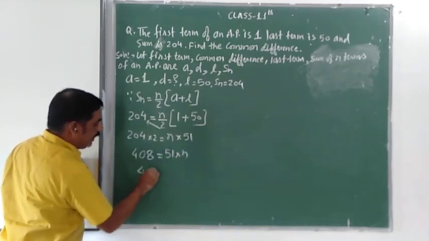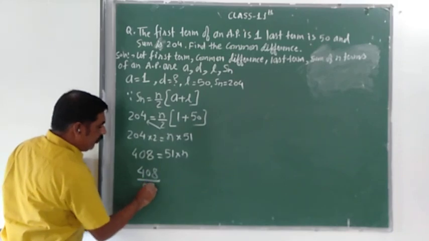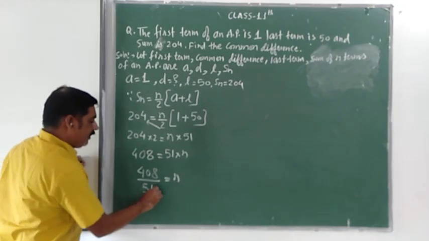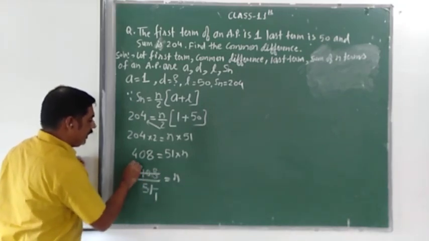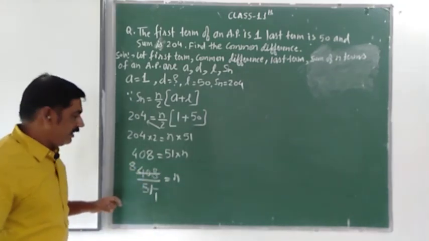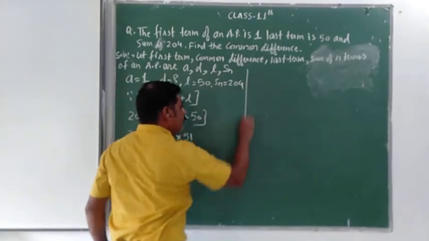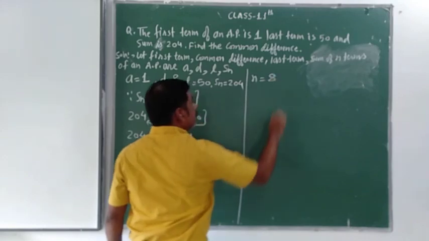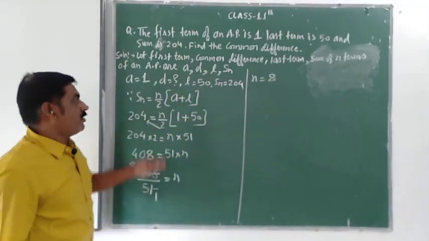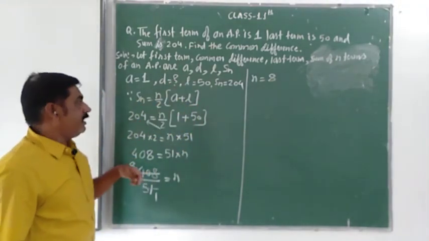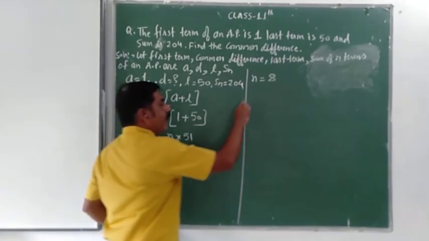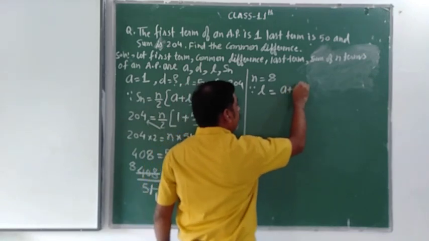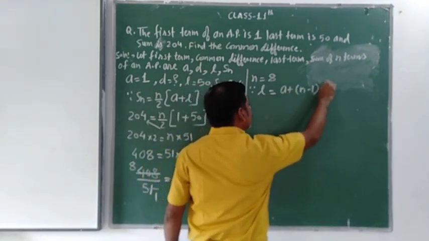So 408 upon 51 is equal to n. 51 ones are 51, 8s are 408. So n is equal to 8. Clear? Now we have n, so we can easily find d with the help of the formula of the last term. l is equal to a plus n minus 1 into d.